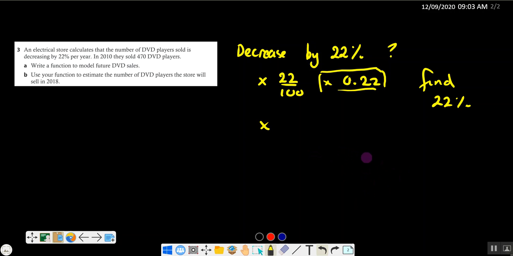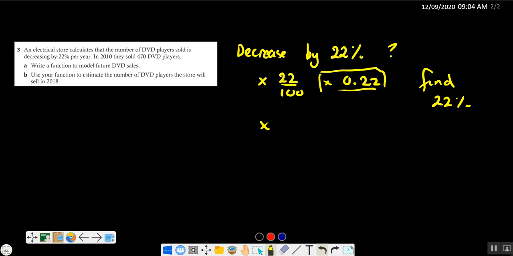Right idea, but think about what you just said. Find 22% leaves me with what? If I find 22% of something, how much do I end up with? I end up with 22%.